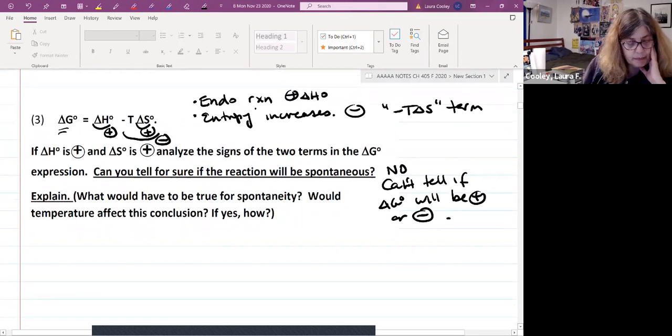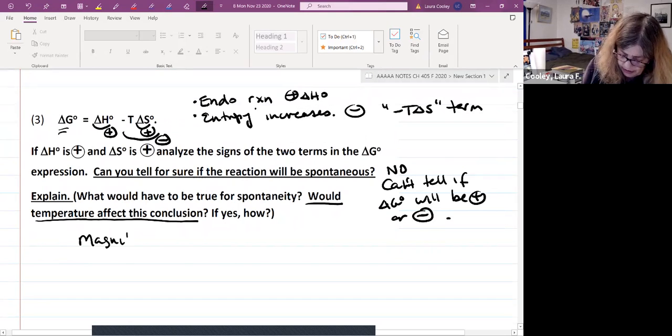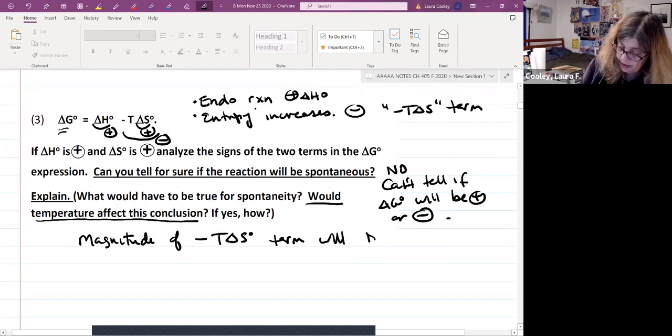So now we have to think of, would temperature affect this conclusion, right? So the answer is yes, right? Because the negative T delta S term, the magnitude of this term will increase as the temperature goes up.